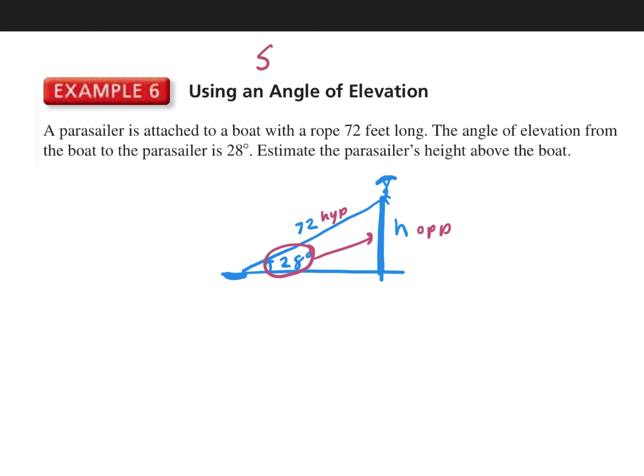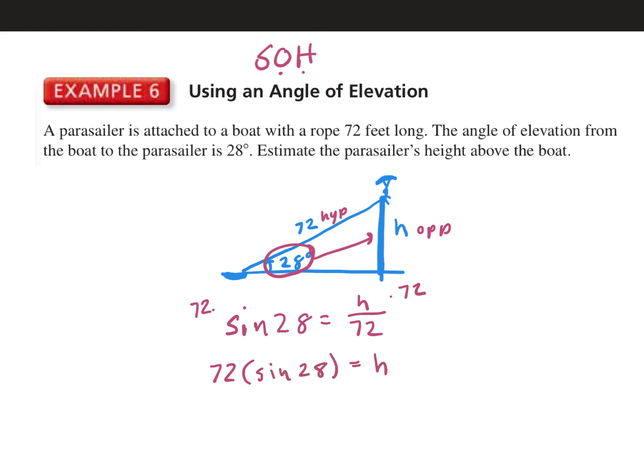So sine, because sine involves opposite and hypotenuse, so we would say the sine of 28 is equal to opposite over hypotenuse, which is 72. Solving for h, we need to multiply 72 on both sides. So 72 times sine of 28 is equal to our height.